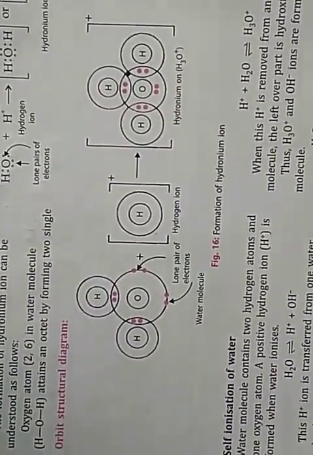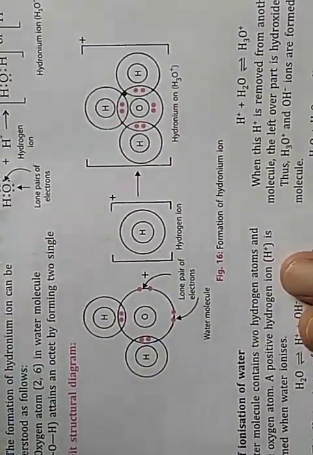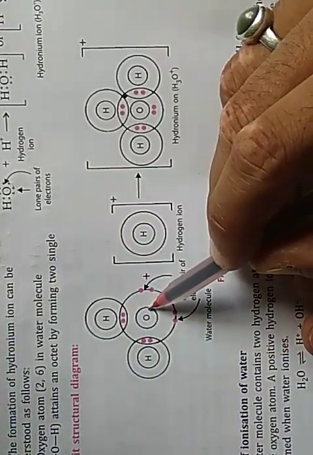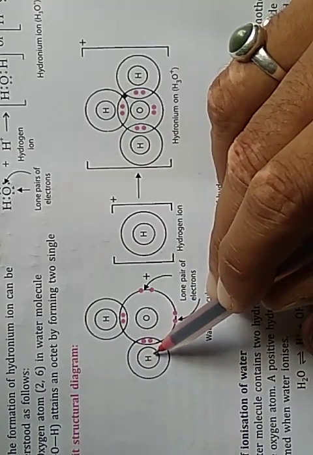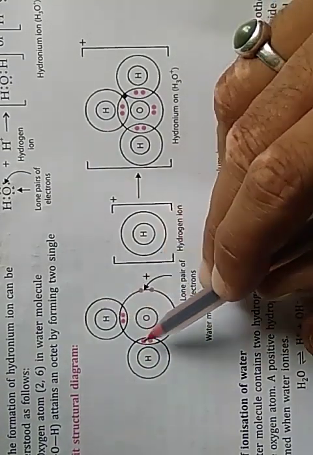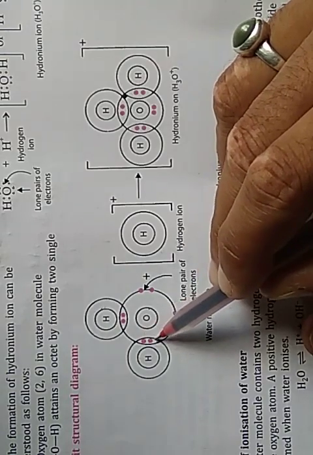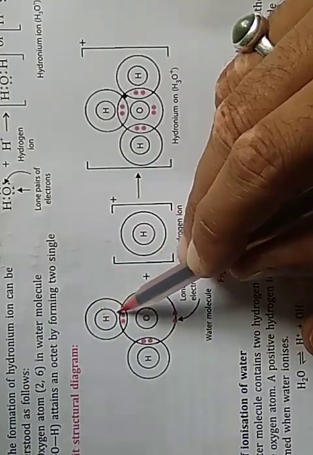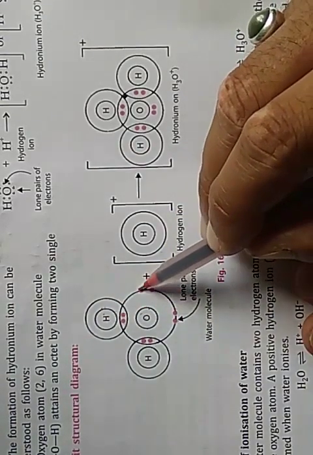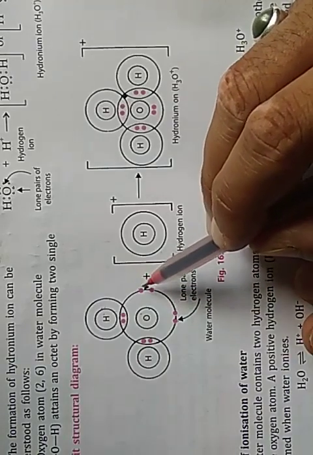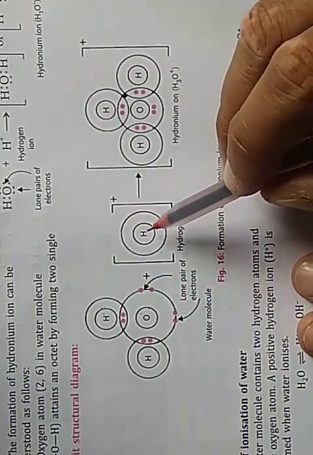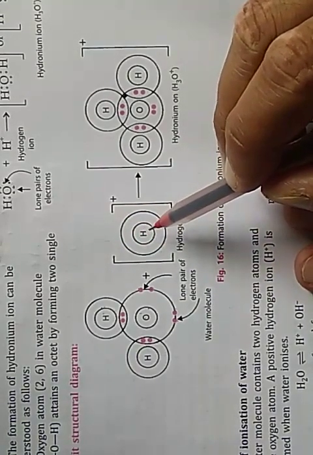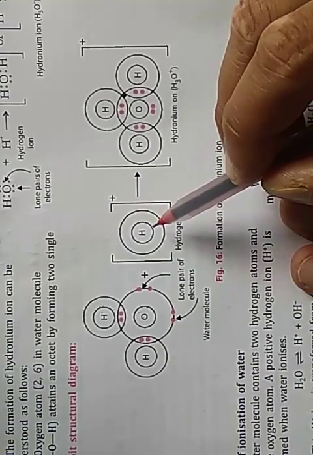Now the orbital structural diagram of the hydronium ion. This is the orbital diagram of the oxygen, and this one is the orbital diagram of the hydrogen. This one is also for hydrogen. Here are the shared electrons between hydrogen and oxygen. Here are the unshared electrons, 2 pairs of unshared electrons, called the lone pairs of electrons. When the hydrogen ion H plus comes, it lacks 2 electrons, and it wants its duet.